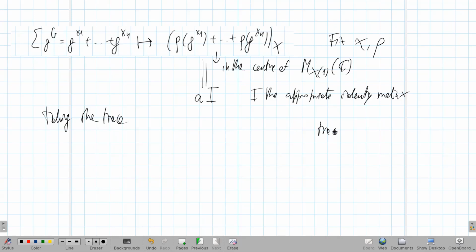On one side, you have the trace of A I, which is simply A chi(1), because this is a matrix A of dimension chi(1). This is the size of the matrix. And on the other side, you have the trace of this.